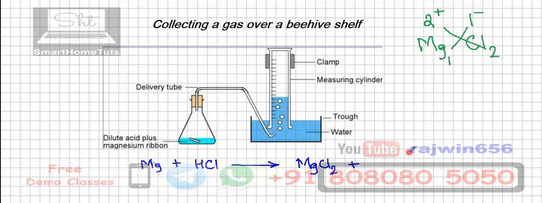Plus, what else is remaining? This magnesium has gone with Cl. It's becoming hydrogen. Correct, so we are going to write hydrogen. What should I write for hydrogen?